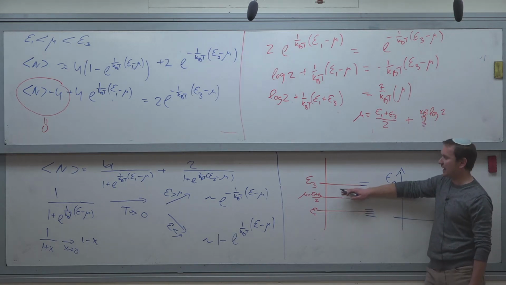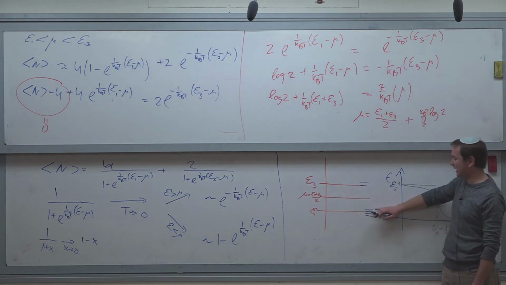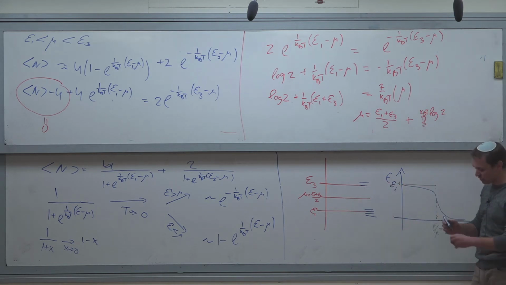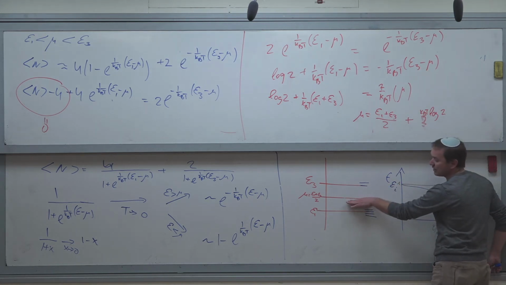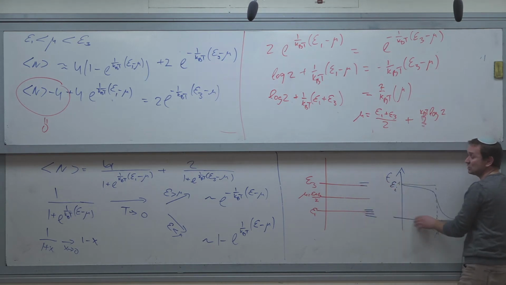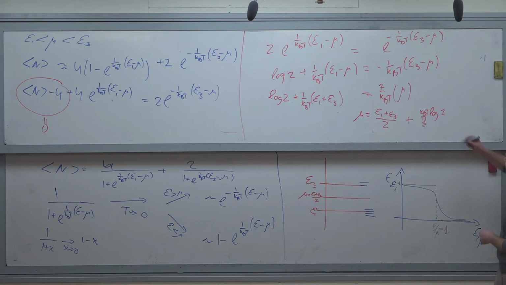Okay? Then there is a gap between this highest state, which is epsilon 1, and the next state. What happens as we increase the temperature? This Fermi energy is going towards higher and higher energies, and usually the dependence on the temperature is linear as we see it over here.